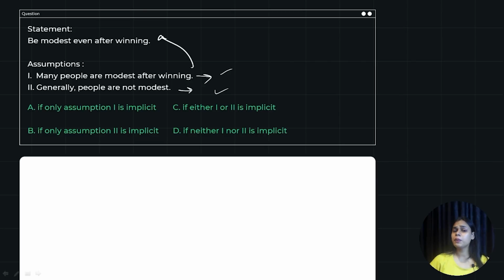Because many people are modest after winning, you cannot say that, because if they were, we wouldn't advise you to be modest. And generally people are not modest. Again, you cannot generalize all the people. If you are saying people are not modest, there might be some people who are modest, hence they are giving us the advice, right? So neither 1 nor 2 is implicit. So we are going to go with option D, that is neither 1 nor 2 is implicit.